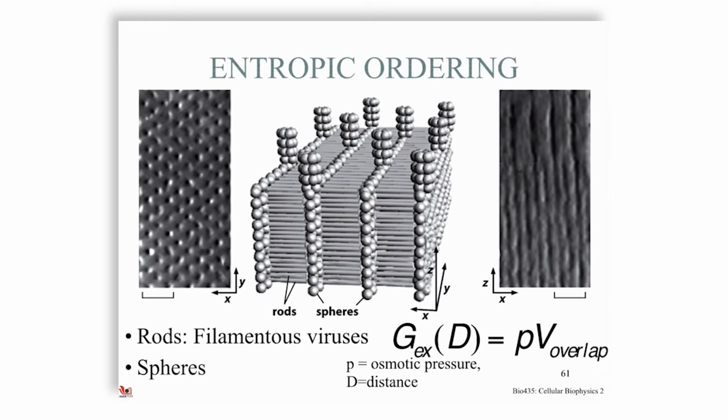And the free energy of it is given by P times V overlap, where spheres are ordered in a system containing filament rods. And these filament rods, in this particular case, that were added were viral filaments, something like tobacco mosaic virus.